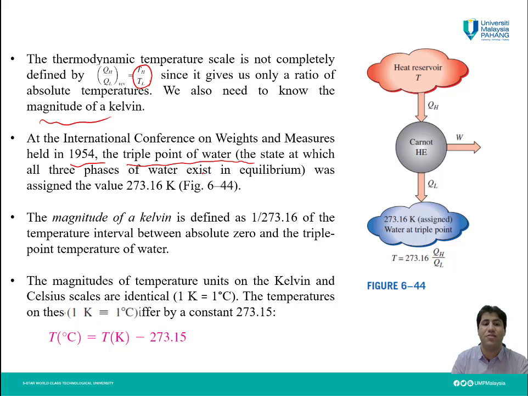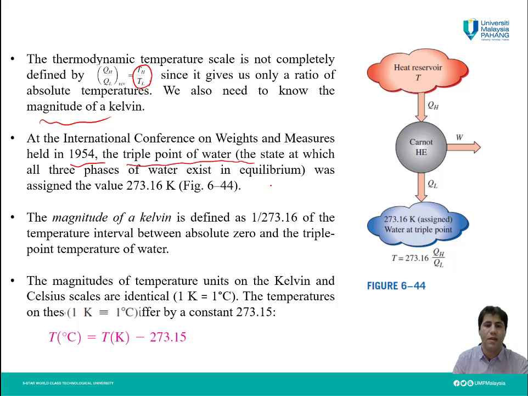It is the state at which all three phases of water exist in equilibrium: we have liquid, solid and vapor, or steam, ice and water, all together in an equilibrium state.